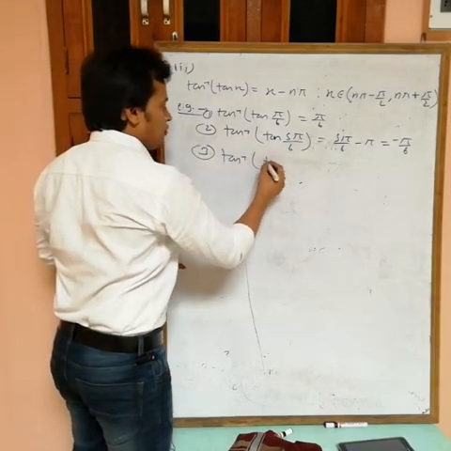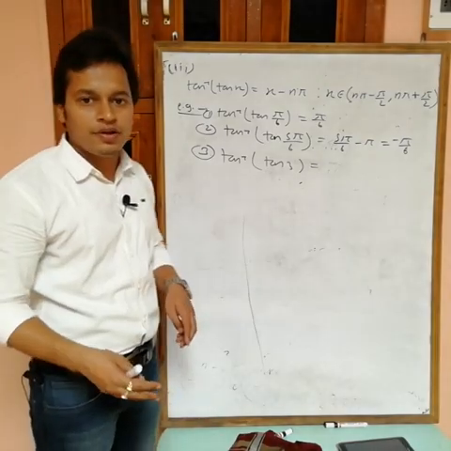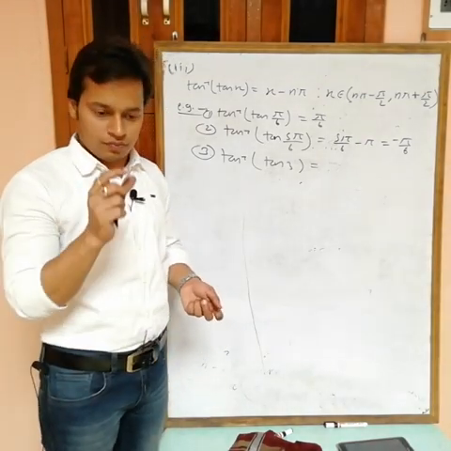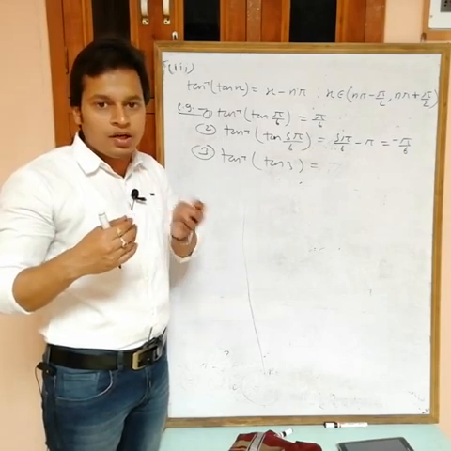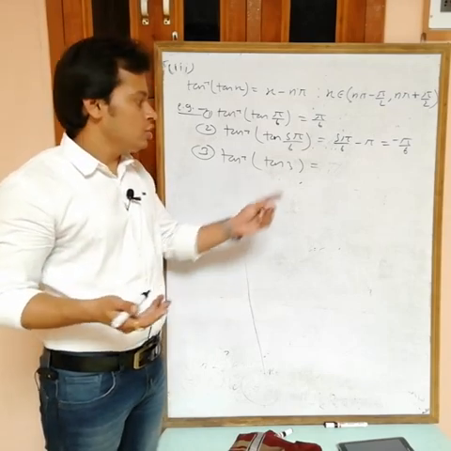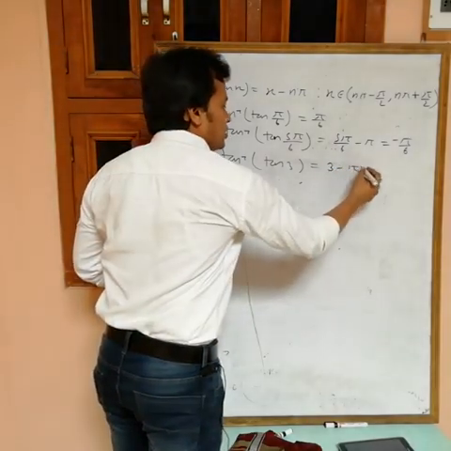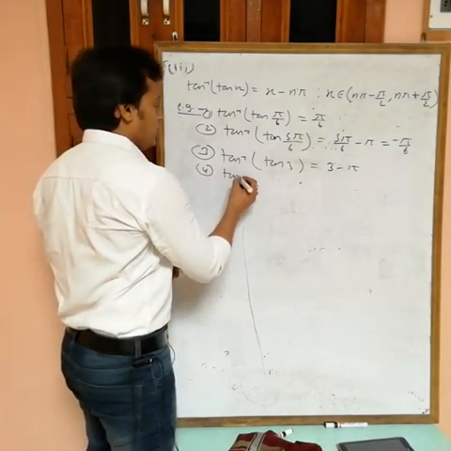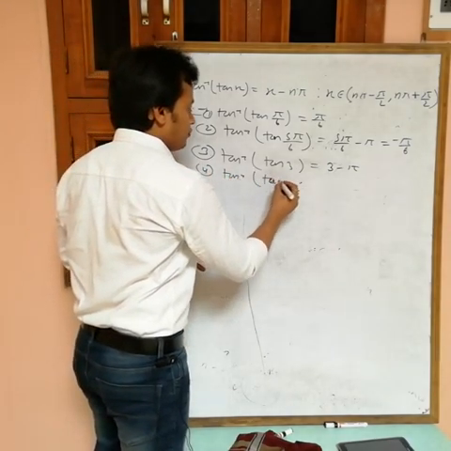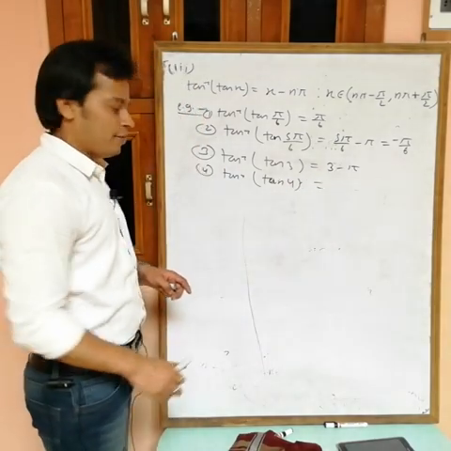Tan inverse of tan 3. Now 3 is near to pi. Pi is 3.14, and this is 3. 1 radian is about 57 degrees, so 3 is about 171 degrees, and pi is 180. So this is near to pi, then the answer is 3 minus pi. Tan inverse tan 4. Now check whether 4 is near to pi or 2 pi.